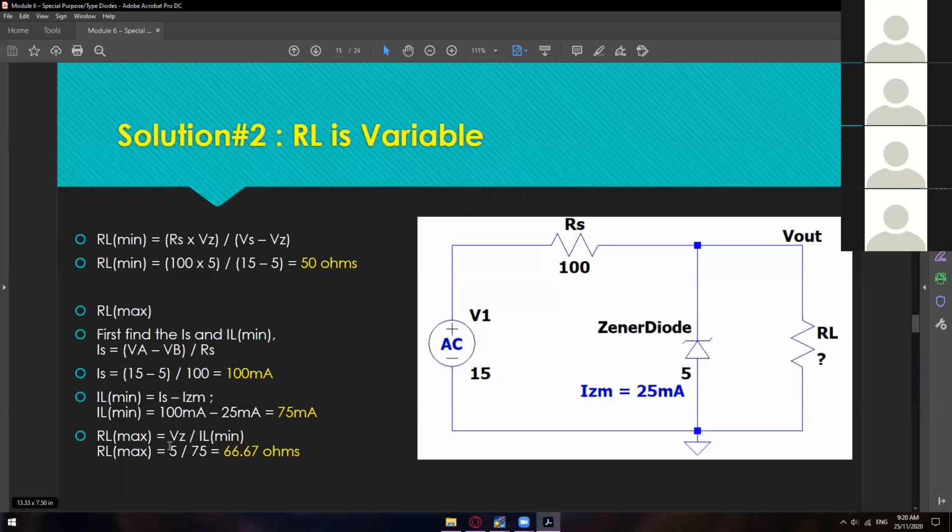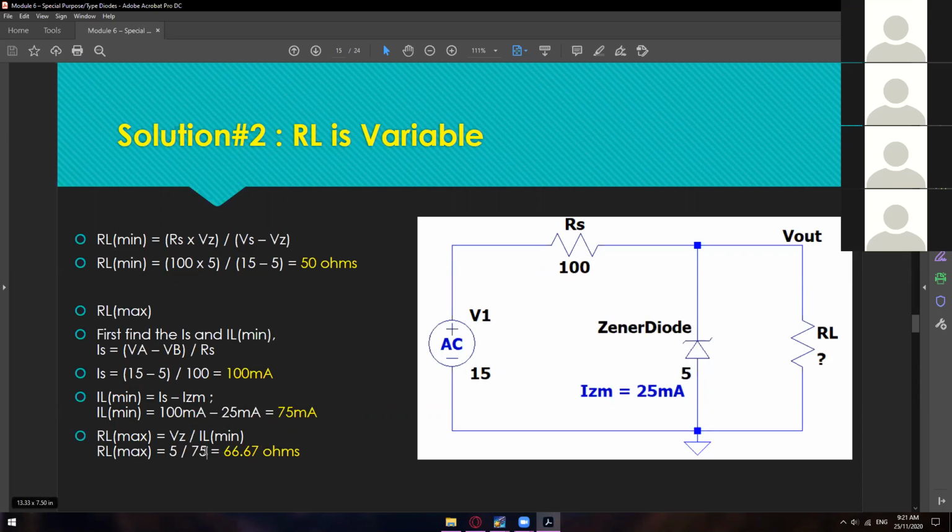The formula for RL max is equal to VZ, the Zener voltage, divided by the minimum current of our load resistance. So VZ is 5 volts, and IL min is this one, which we have just solved a while ago, which is 75. Correction, this one is 75 milliamps.